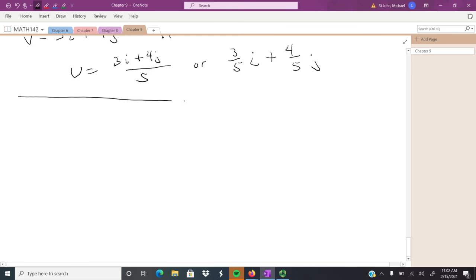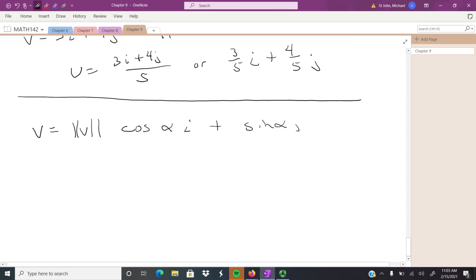Other ways we can write vectors is we could say the vector V is given by the magnitude, and then if we know the angle it goes off at, we can use this. Okay. So let's say if I have a vector, we know the magnitude is 9 and the angle is 50 degrees.